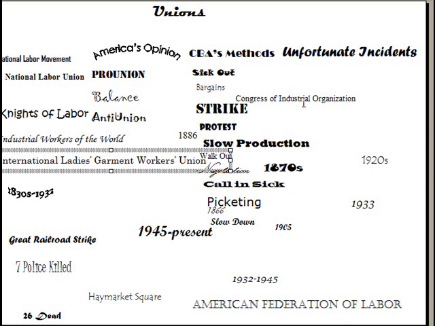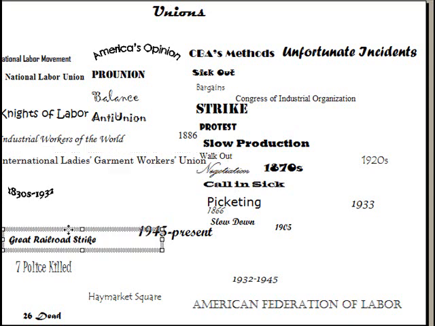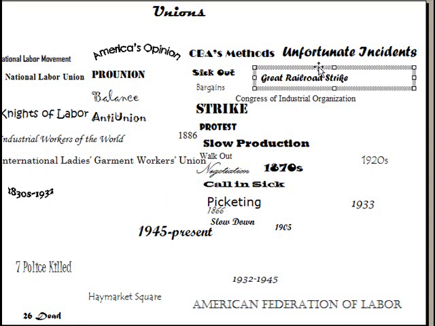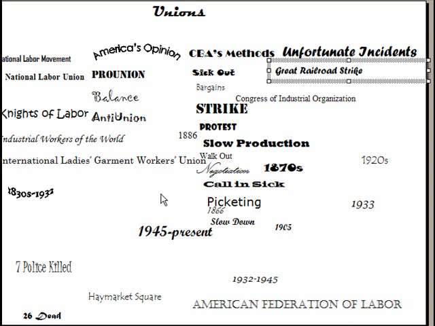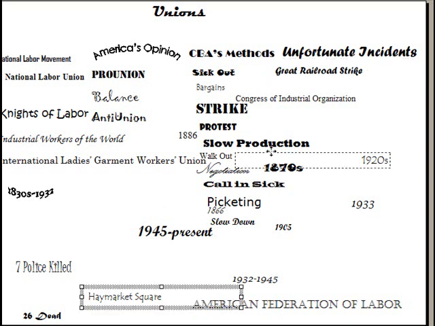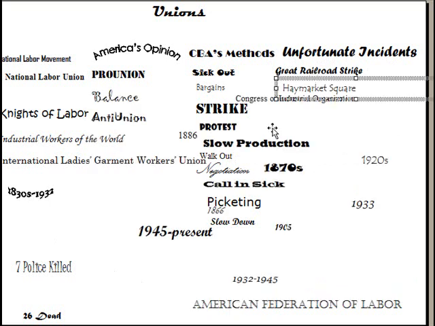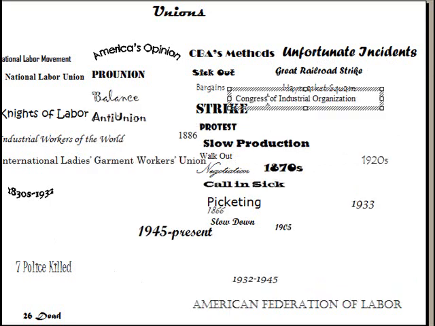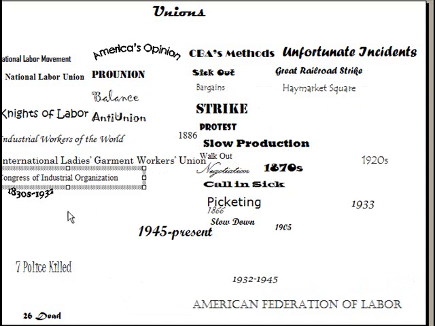If we look to some of the unfortunate incidents, well, we know that there was a great railroad strike, and we know also that there was something known as the Haymarket Square riots. As I'm organizing, I also spotted one other early union in the national labor movement.